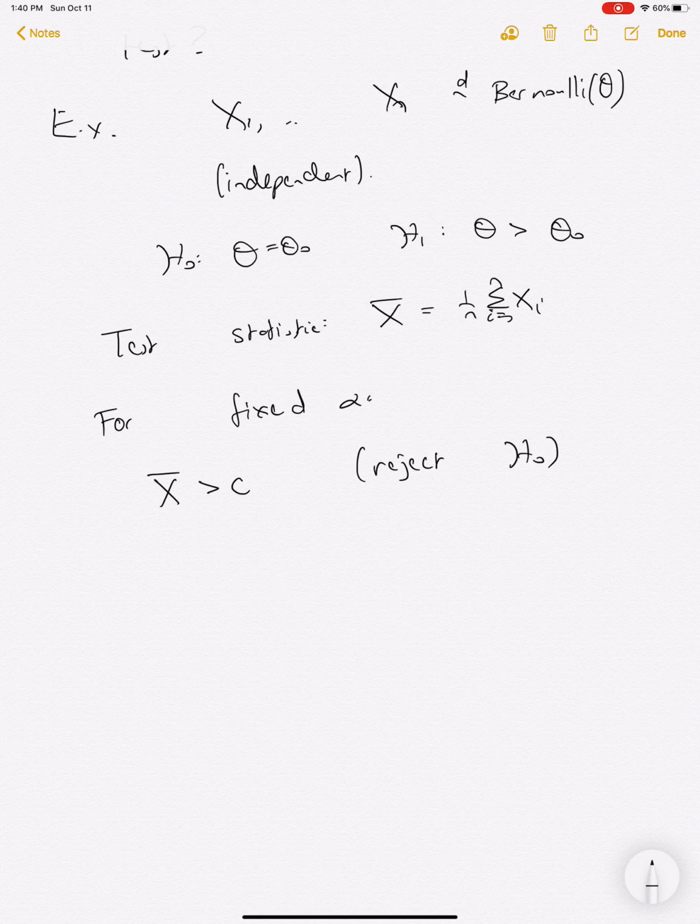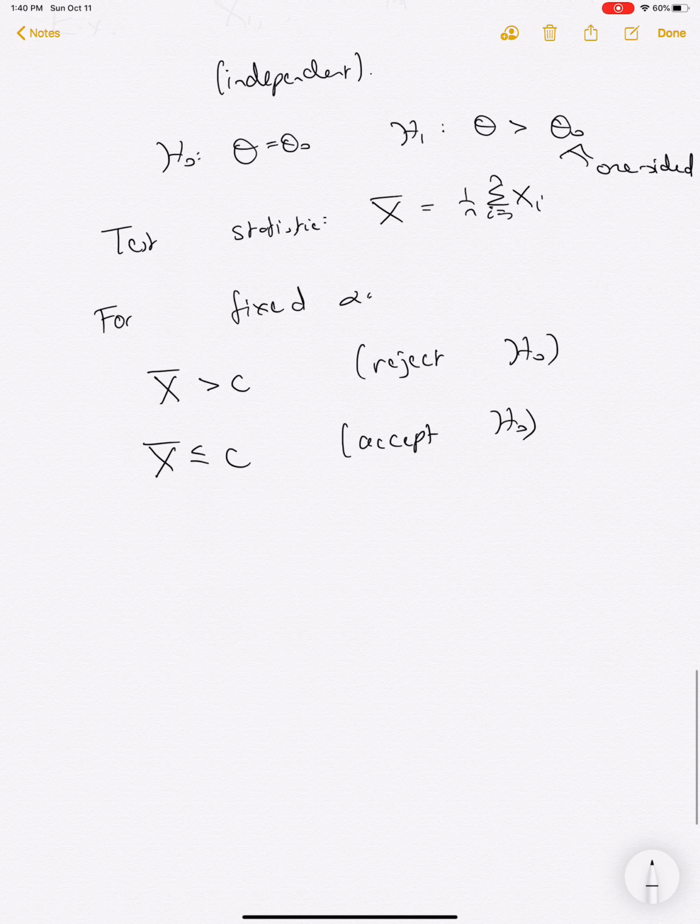That's because we have theta bigger than theta 0, so this is one-sided. Otherwise, if x bar was less than or equal to C, you accept H0.